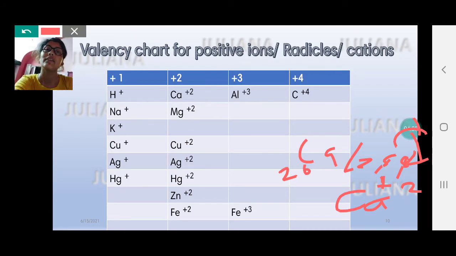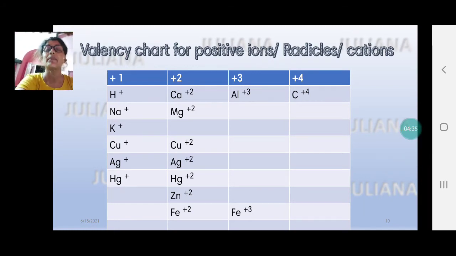Aluminium has 3 valence electrons, atomic number 13, configuration 2, 8, 3. So aluminium donates 3 electrons and becomes a triple positive ion. So all the double positive ones are calcium, magnesium, copper, silver, mercury, zinc and ferrum. Then the +3 ones are aluminium and iron.